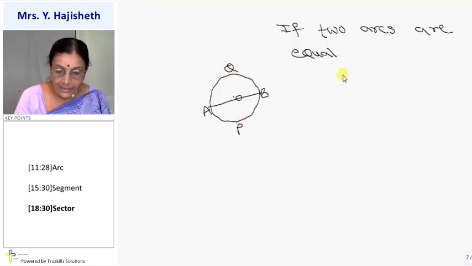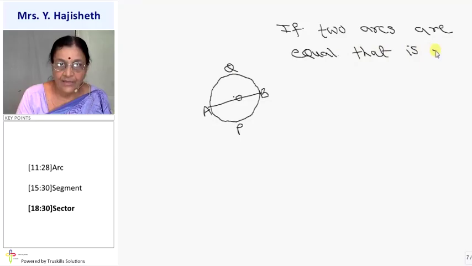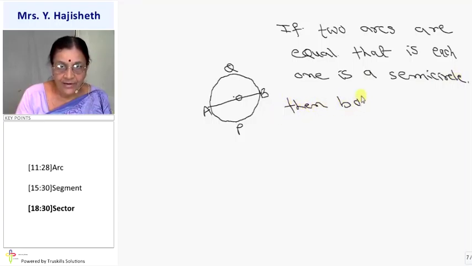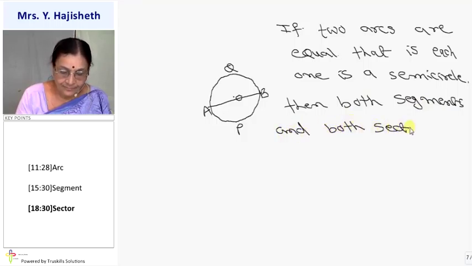That is, each one is a semicircle. Then both segments and both sectors are the same. Whether you say sector or segment, it stays the same.